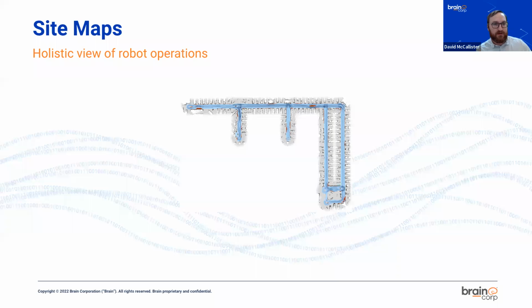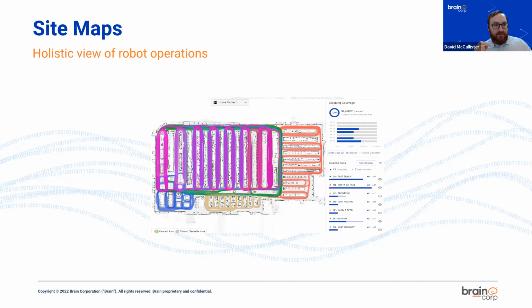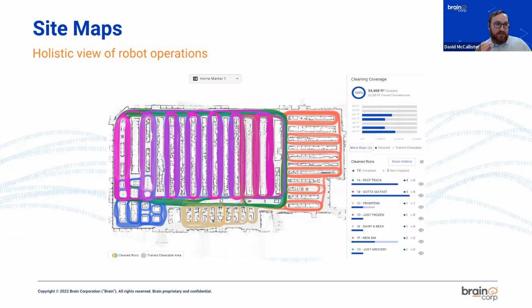Many of you who've looked at our portal tools, the email reports, and the mobile app will be used to these sorts of route views. What a site map does is it combines routes on a single home marker into a single site map. It connects them and gives you a holistic, high-level view of all the routes on a given home marker.